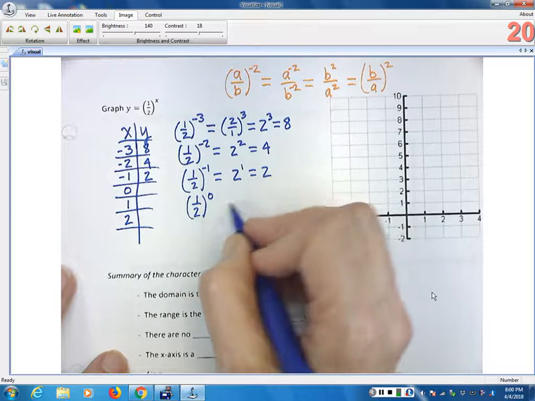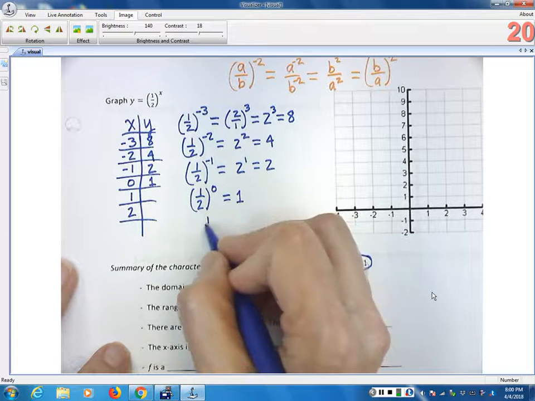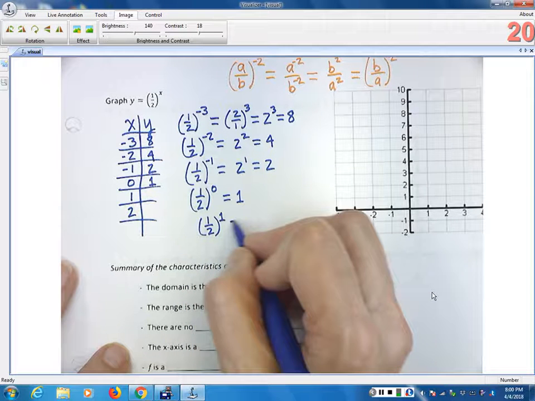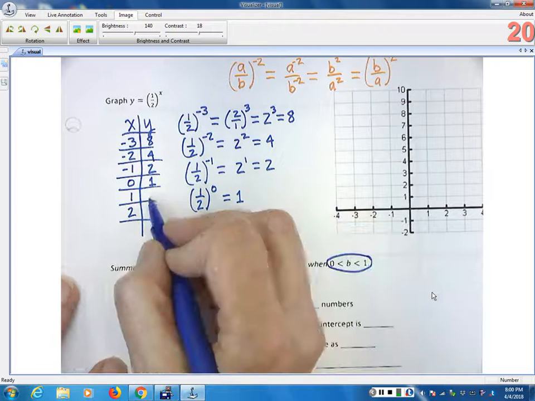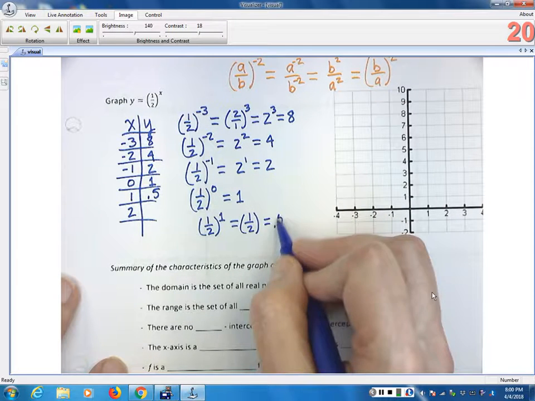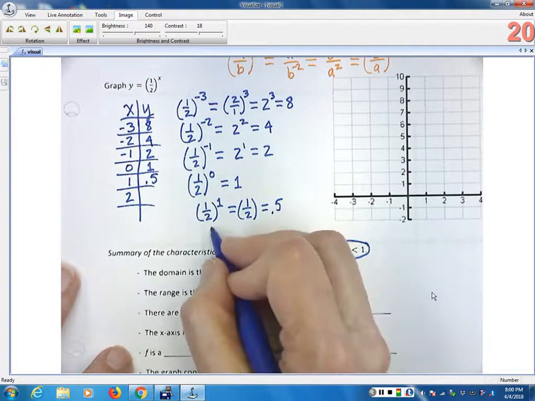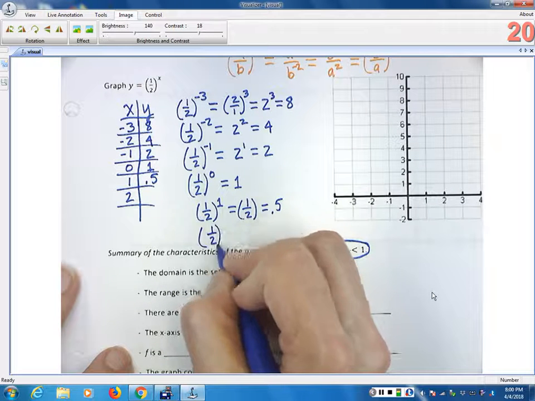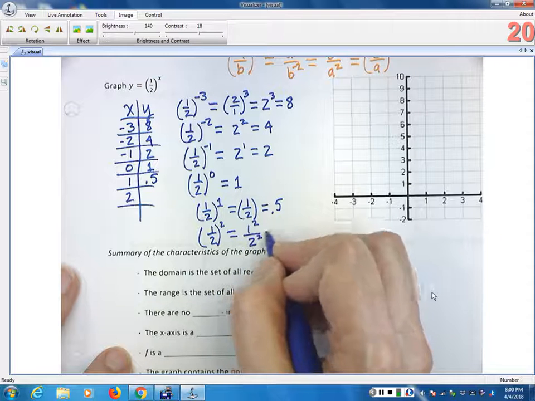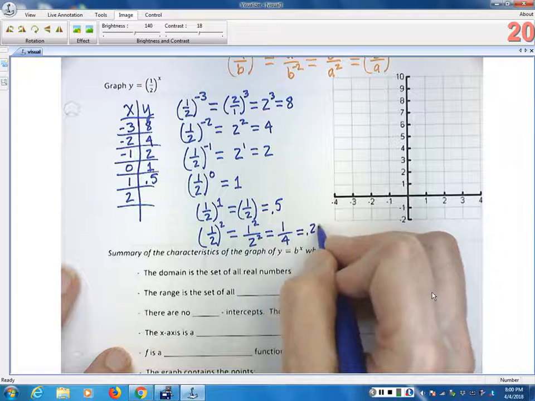So that's 1. And 1/2 raised to the first power is just 1/2. Let's write it as 0.5 for the graph. And then 1/2 raised to the second power is going to be 1 squared over 2 squared, is 1 divided by 4, 0.25.